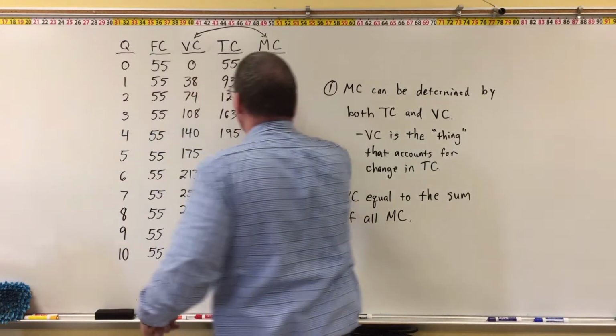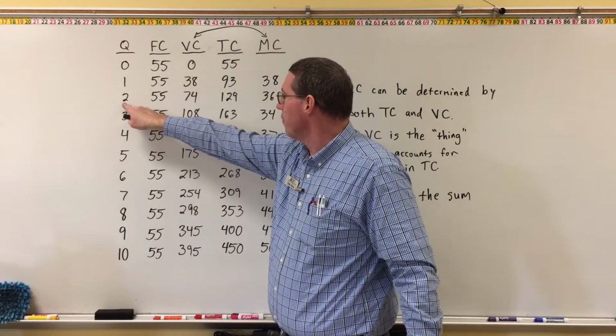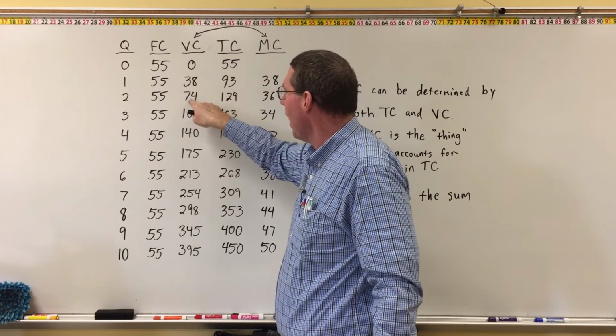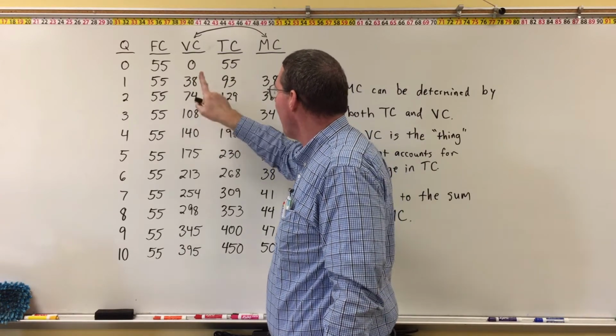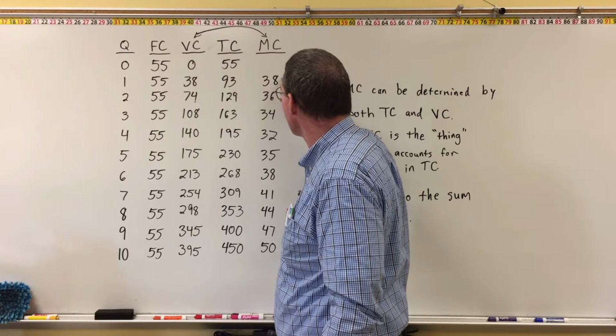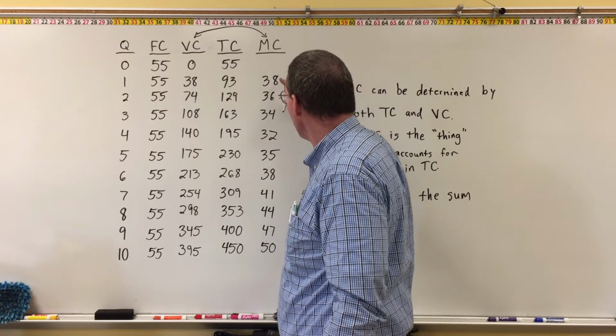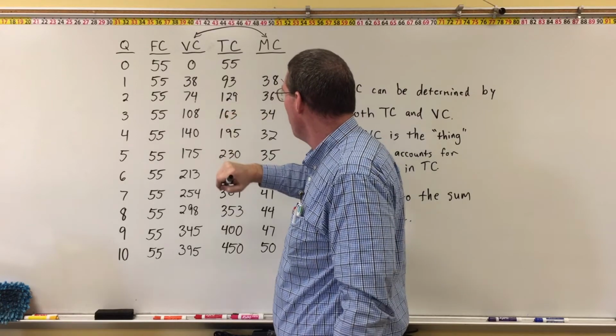But now when we get down to a quantity of 2, if we want to understand the variable cost, we can calculate the variable cost by adding up all of the marginal costs up to that point. And 38 plus 36 is 74.